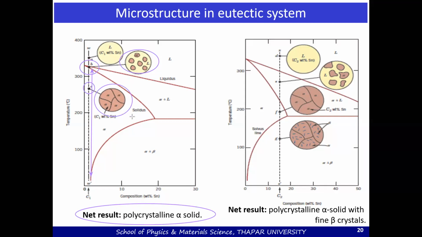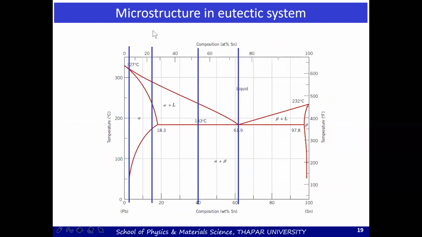Now, instead of this particular point, if we cool through another point on the phase diagram, this one. Now we are cooling through the second point.